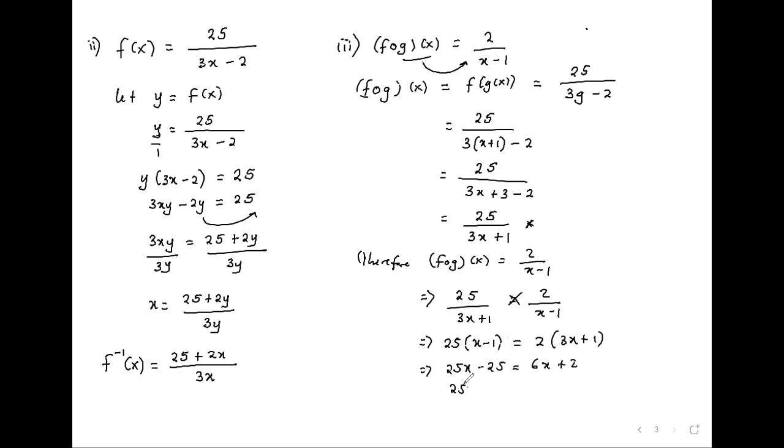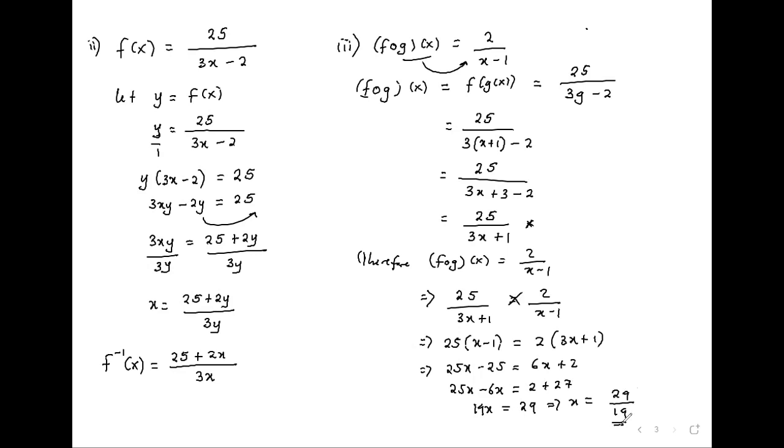So we have 25x minus 6x is equal to 2 plus 27. So this is 19x is equal to 29. So x is equal to 29 over 19. Whenever you're asked to solve an equation, you're asked to find the variable x at all times.